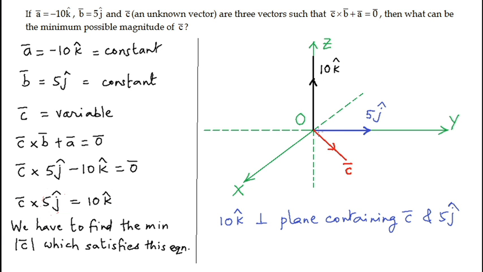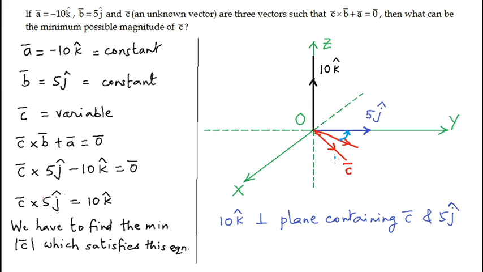There is nothing which seems obviously wrong, at least about our assumed direction of C bar. And the same would be true for a direction of C bar chosen to be along this directed line segment. Once again, the right hand rule will be satisfied. That is, if you curl the fingers of the right hand from the chosen direction of C bar to 5j cap, then once again your outstretched right thumb would point in the direction of 10k cap.